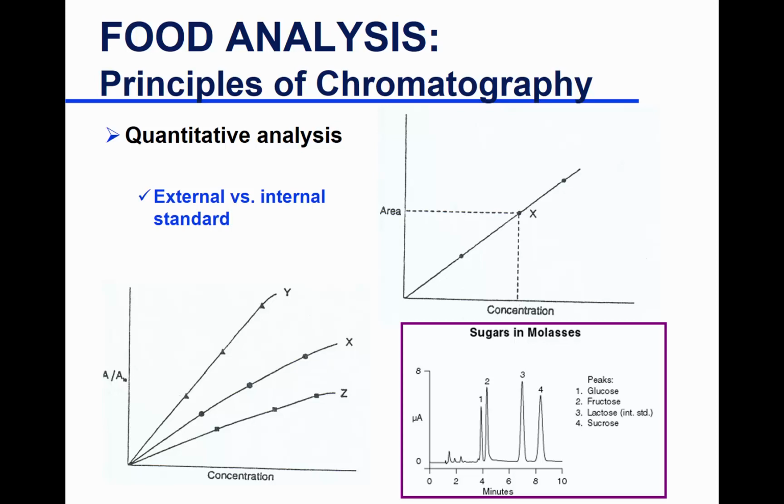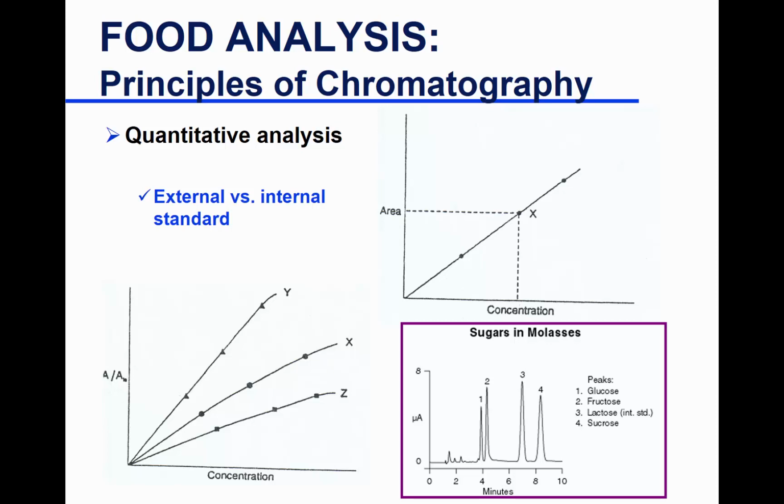So the way you plot is you put the concentration of your external standard. So here, the x-axis is concentration of your external standard, and the y-axis is the area of your external standard by the area of your internal standard.